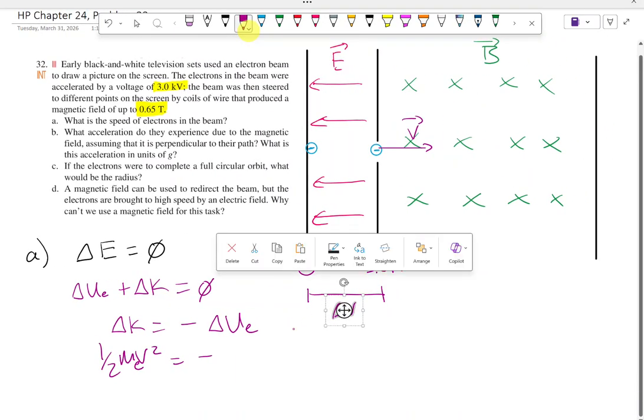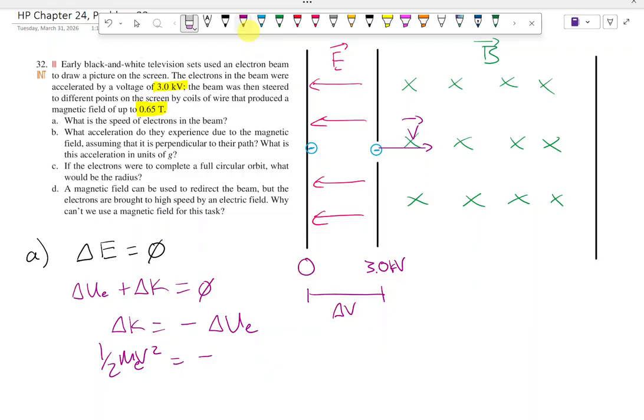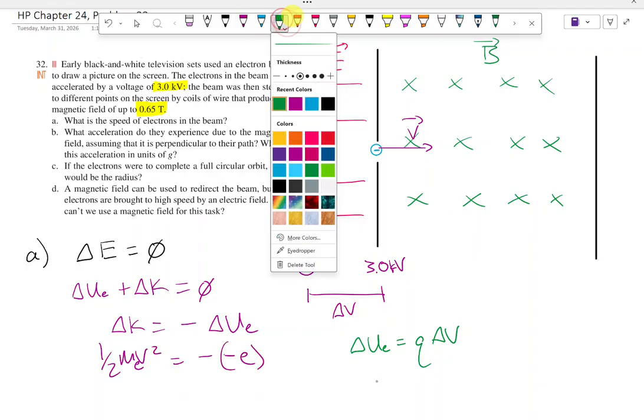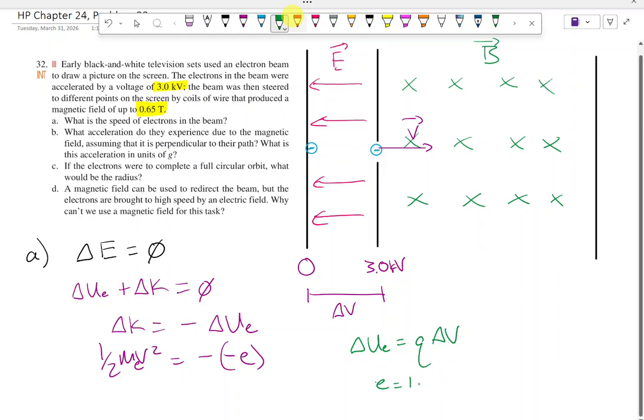An equation that relates electric potential energy and voltage: the electric potential energy is equal to the charge multiplied by the potential difference. The charge here is an electron, so that's negative e, the elementary charge, which is equal to 1.6 times 10 to the negative 19 coulombs, multiplied by the potential difference.